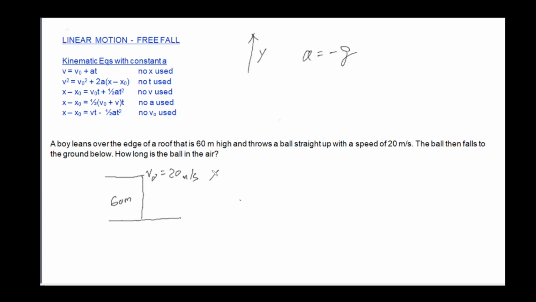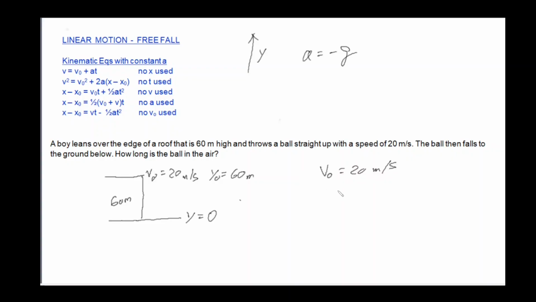And we will take this as our initial position, y0 equal to 60 meters. Your initial position doesn't always have to be 0. And we will take the final position where the ball lands, y, as 0. So what we know is we have our initial velocity v0 of 20 meters per second.